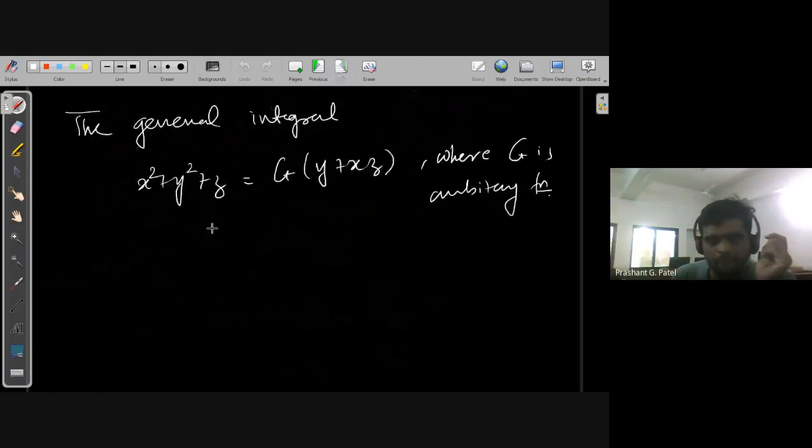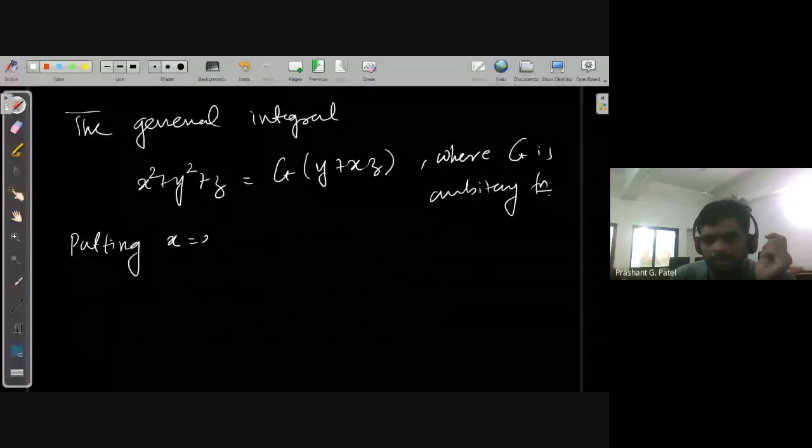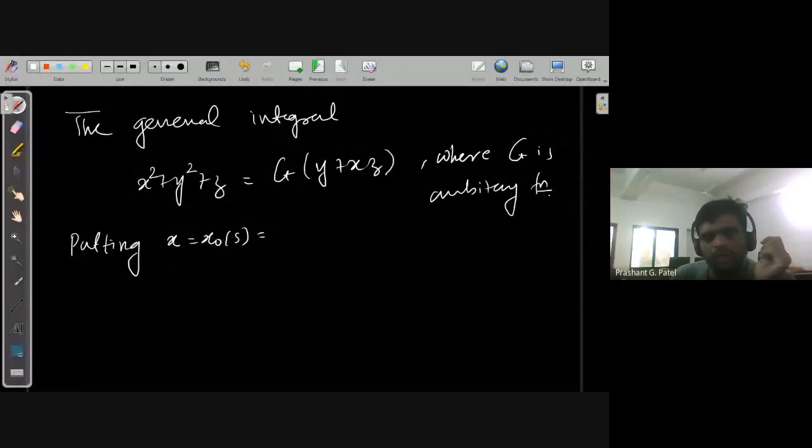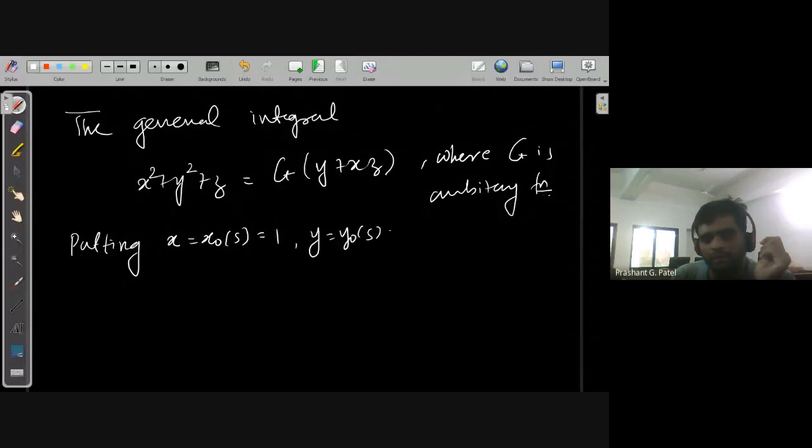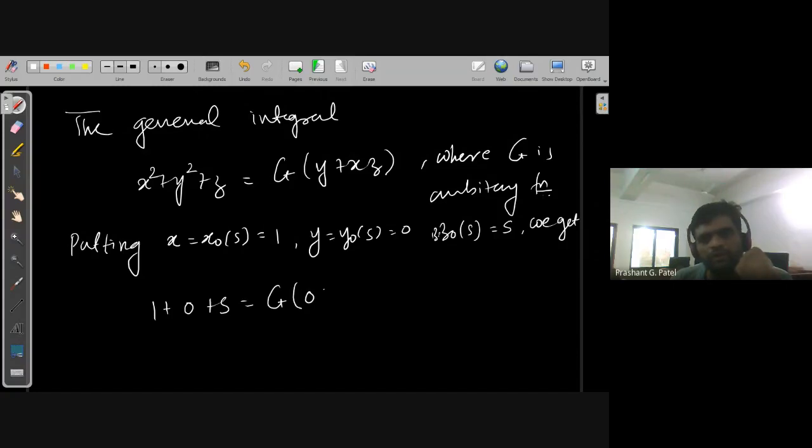So putting x equal to x0, which is 1, y equal to y0, which is 0, and z equal to z0 of s, which is s, we get 1 plus 0 plus s is equal to g of 0 plus s. So that means g of s is nothing but s plus 1. So this is my function. This g function is this much.